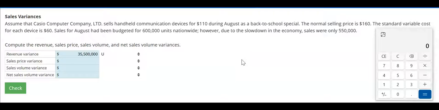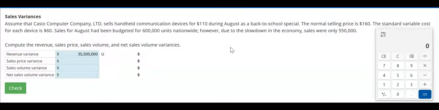This is not a positive situation for this company. However, we are only looking at sales items here, so as you're going through this, you need to be thinking that some of my variable cost variances in this same scenario would probably be quite favorable.